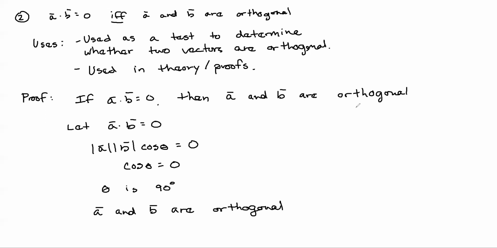However, to complete the proof, it has to go both ways. I don't know if we're going to have enough space, but let's go through, because I like to keep this on the same page; it's kind of neat to see the two sides.